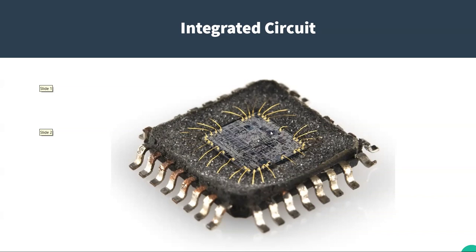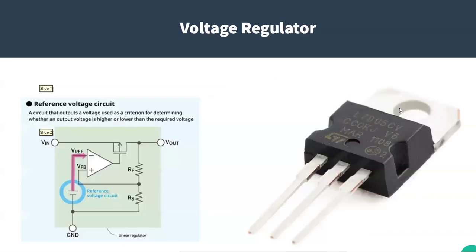Could be an array of transistors making up a section of memory, or all sorts of things. We talked about voltage regulators, which is an analog type of integrated circuit. Typically, they handle a little bit of power, so they may be in this kind of TO-220 package, which will handle a few watts. They may be smaller if they're lower power.